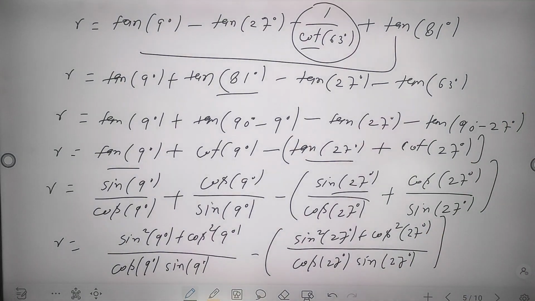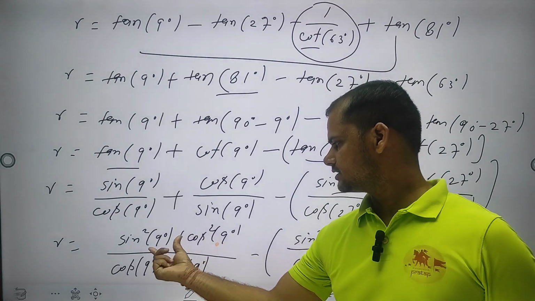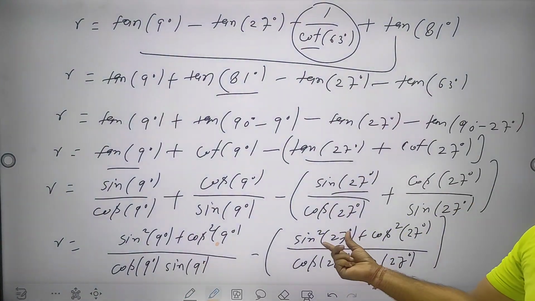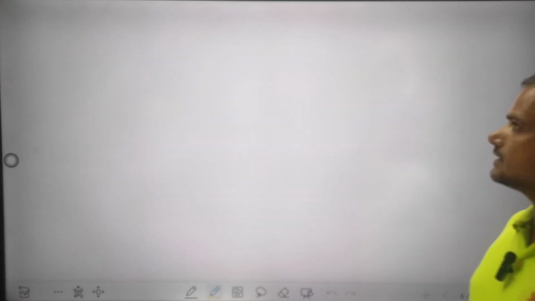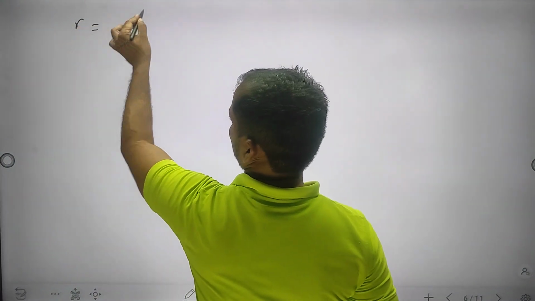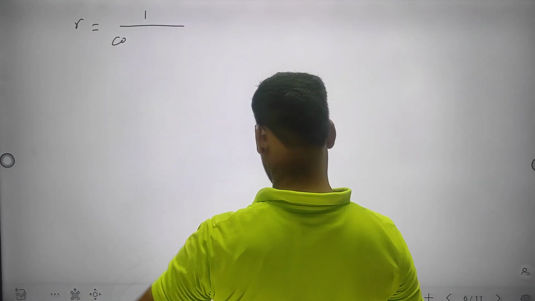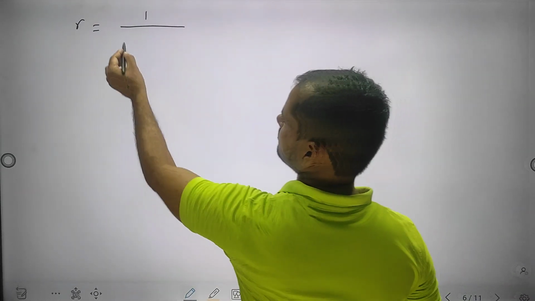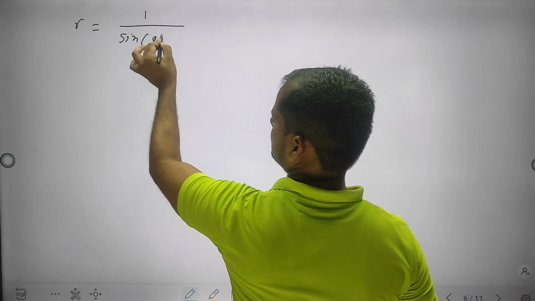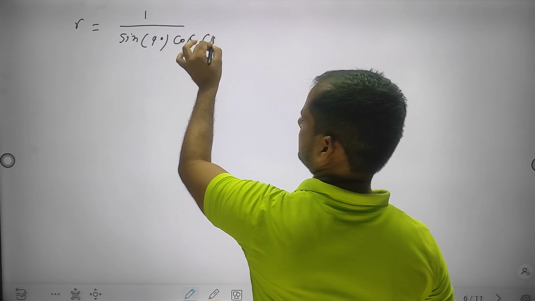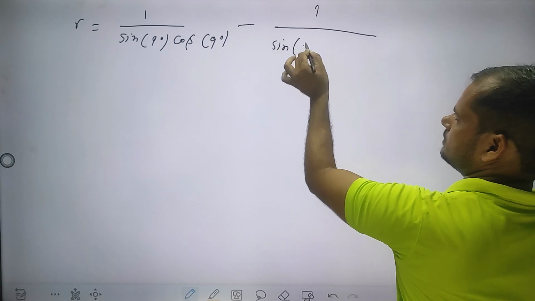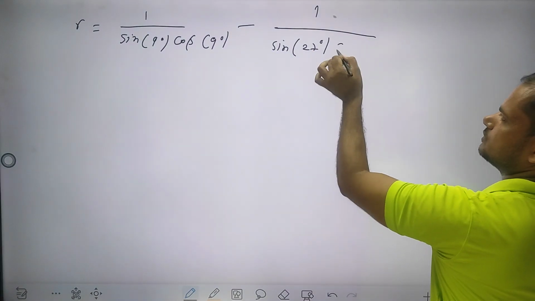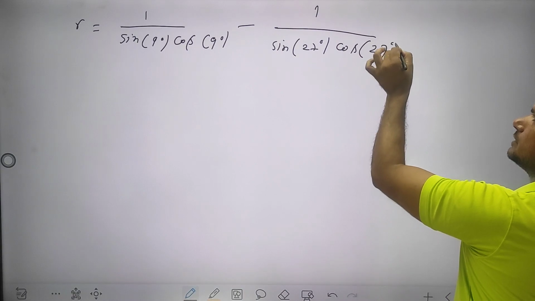Now sin square theta plus cos square theta will be 1, and this will also be 1, sin square 27 degree plus cos square 27 degree. Then we can write r equals 1 upon sin 9 degree cos 9 degree minus 1 upon sin 27 degree into cos 27 degree.